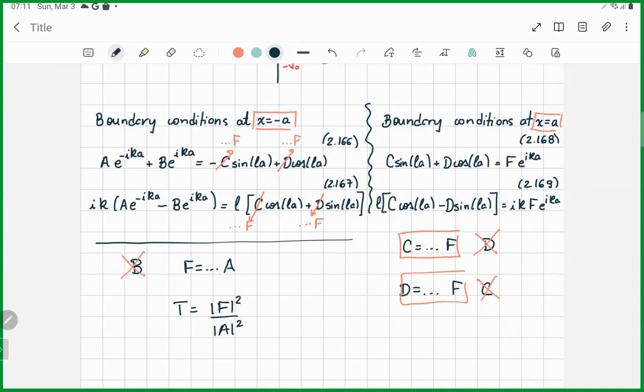That's the idea, but it's a long procedure, so we have to be patient.